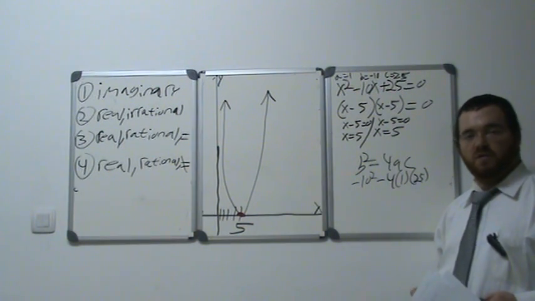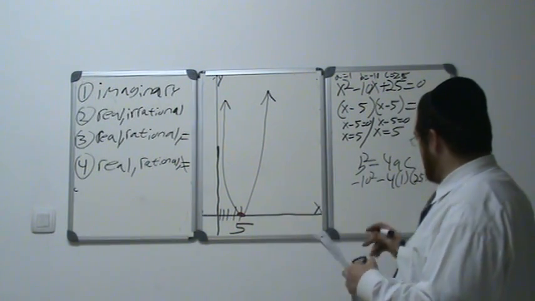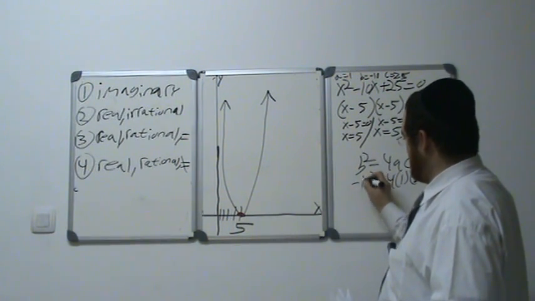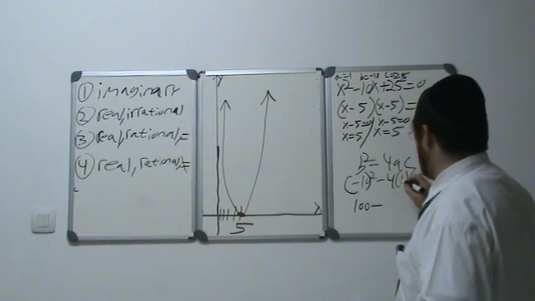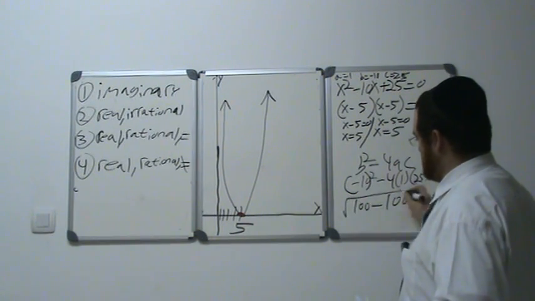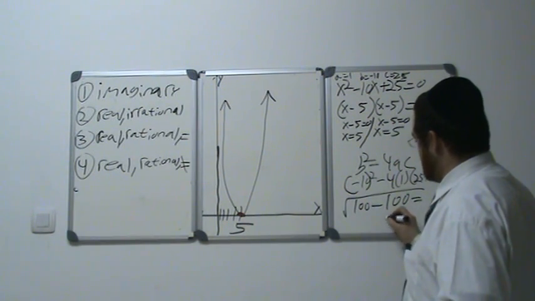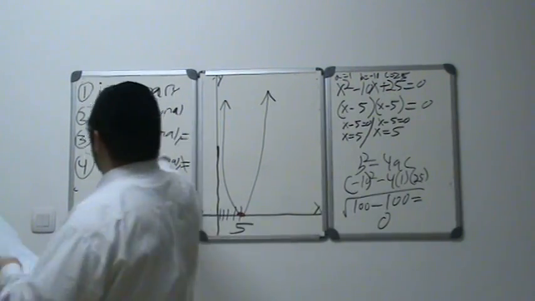An imaginary root will give you a negative under the square root sign. So negative 10 squared is equal to 100, minus 4 times 1 times 25, which is also minus 100. So what's under the square root sign is equal to 0. So therefore answer 1 is not correct. We're going to cross it out.